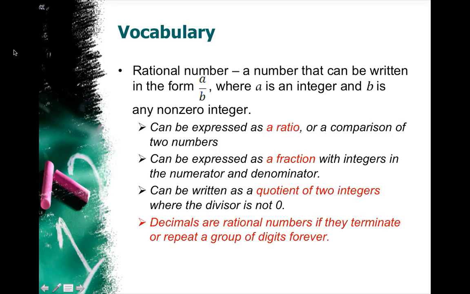Decimals are rational numbers if they terminate or repeat a group of digits forever. Keep that in mind. You need to have these vocabulary words written down with their definitions.